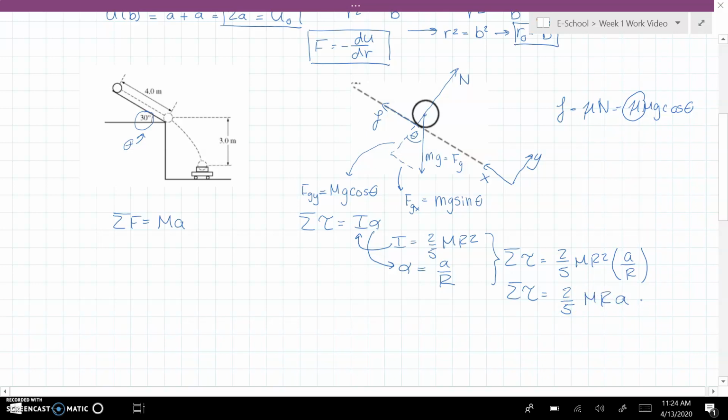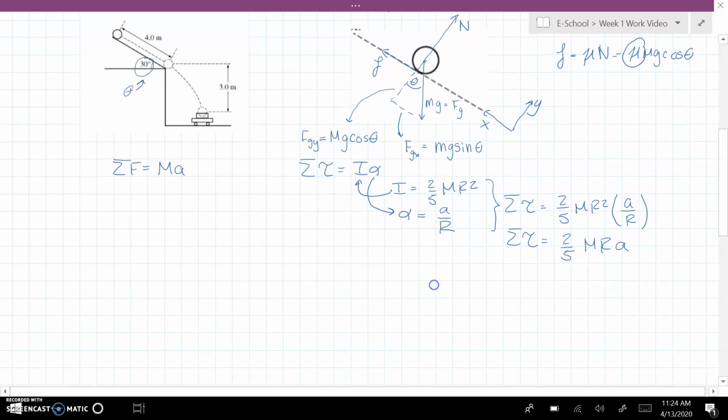We just discussed earlier that the only force that can apply a non-zero torque is going to be the force of friction. If we recall, torque is equal to force times the radius r, so let's go ahead and plug that in.